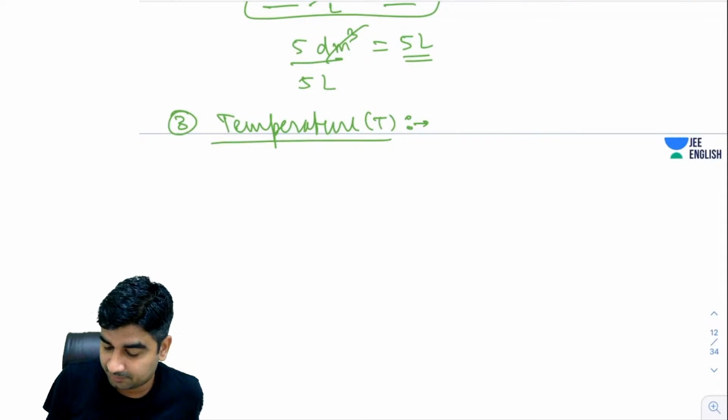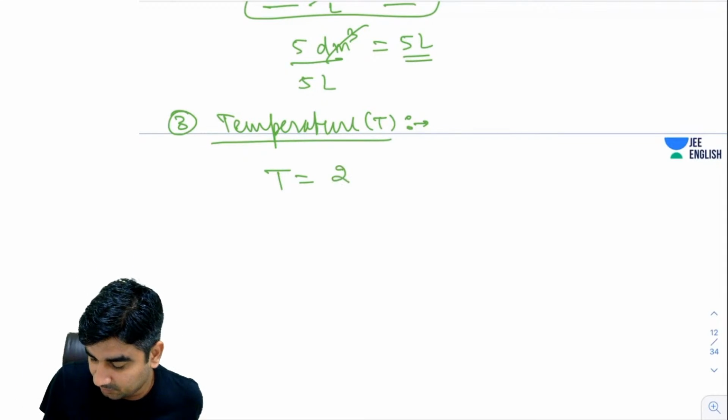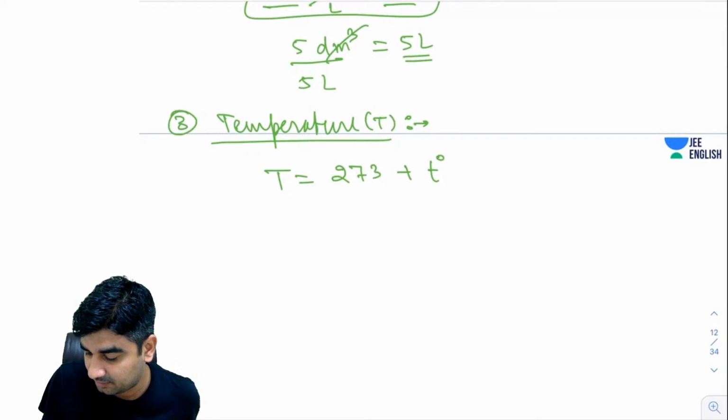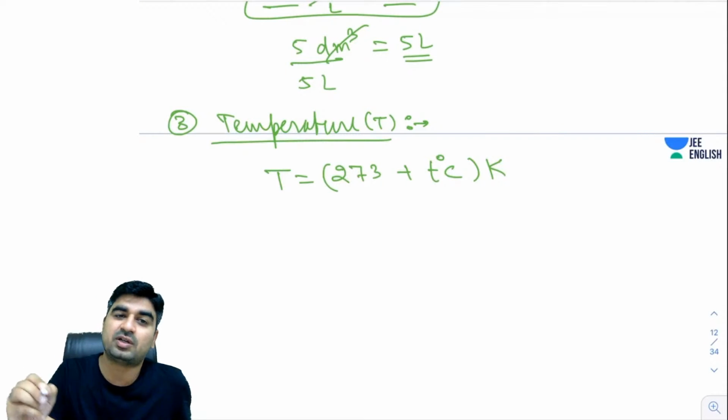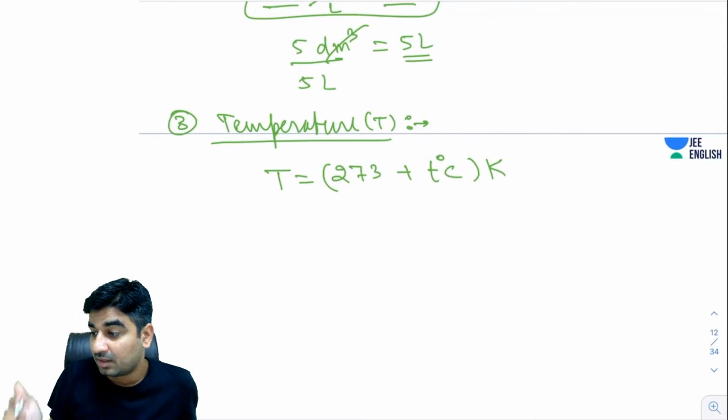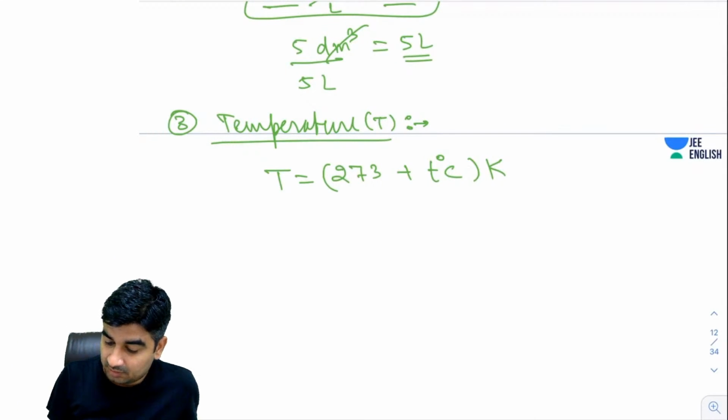And how to do that? It will be 273 plus T degree Celsius, and it will be in Kelvin. Actually, it is exactly 273.15, but we ignore that because of calculation difficulties. So, just do it.